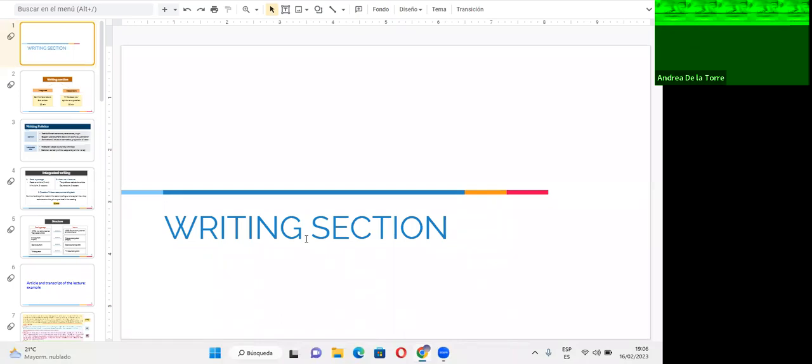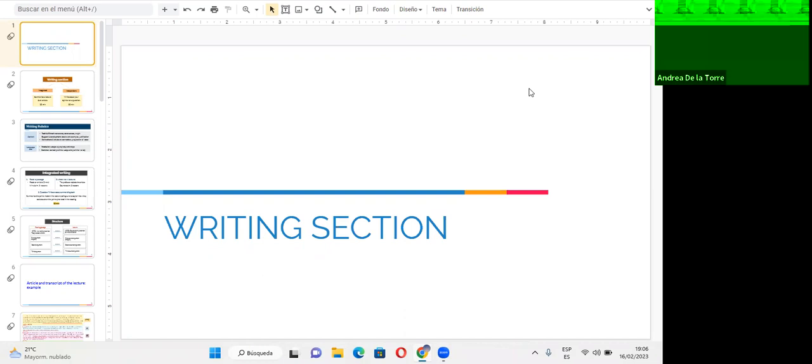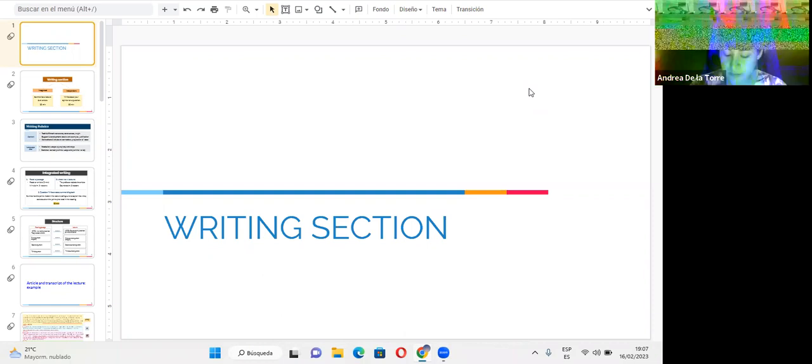Okay, guys. So the writing section. I wanted to start by saying that the writing section is actually very similar to the speaking section. How? Both sections, writing and speaking, are what we call production sections, which means that you get to produce your own responses, right? It is completely different in the reading and listening, because there they give you the questions, they give you options, it's everything multiple choice, and you just select an option.